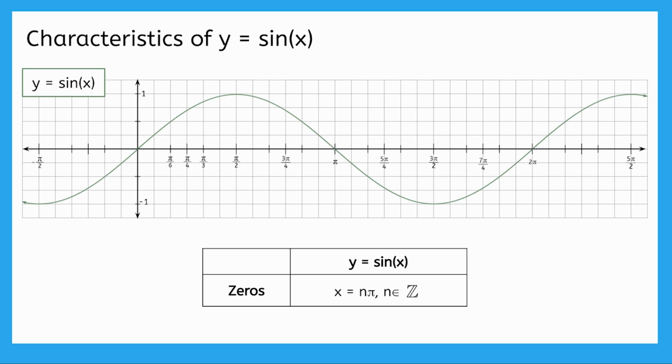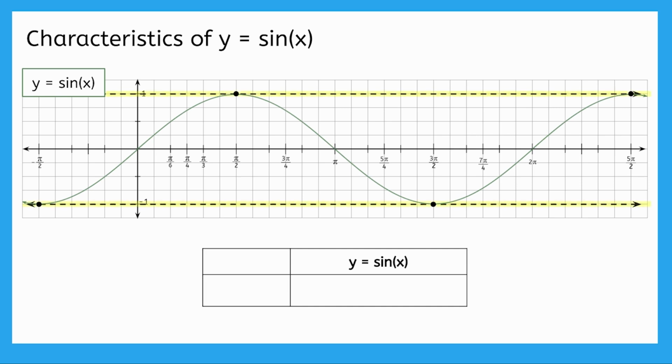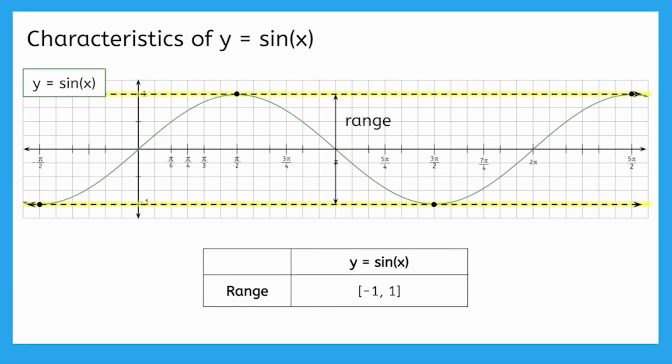Another notable result of the periodic nature of this graph is that it oscillates, or travels back and forth, between its minimum and maximum y values of -1 and 1, which shows the function's full range. This oscillation directly leads us to understand the concept of amplitude.